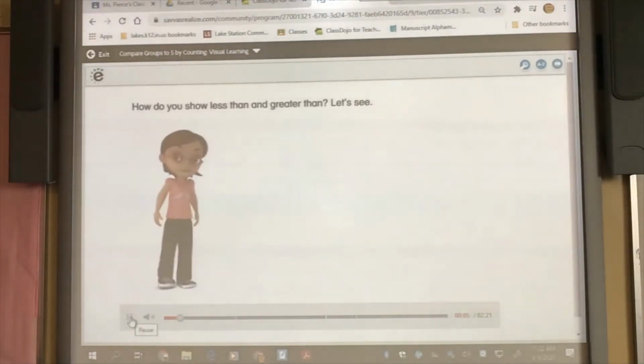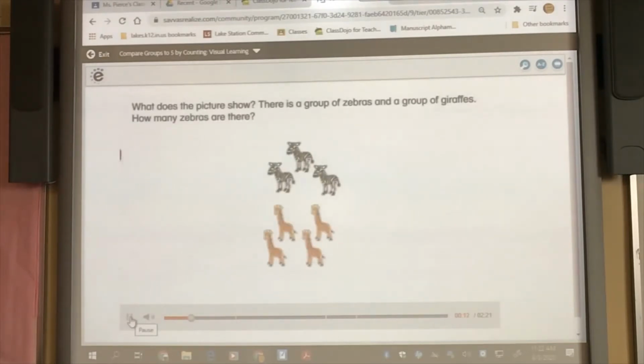How do you show less than and greater than? Let's see. What does the picture show? There is a group of zebras and a group of giraffes. How many zebras are there? You can count to find out. 1, 2, 3.